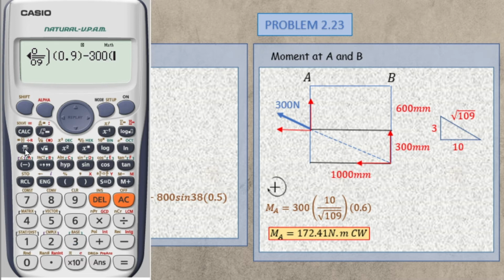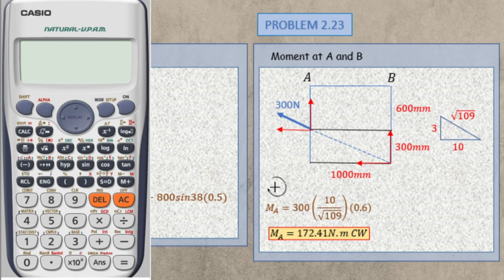Our sine theta is opposite side, 3 over square root of 109 hypotenuse, multiplied by its moment arm, 1. So the answer will just give you the same, 172.41 Newton meter, and since our answer is positive, therefore our assumption, which is clockwise, is correct.